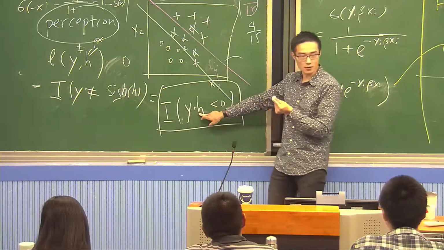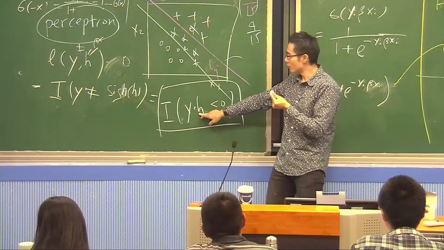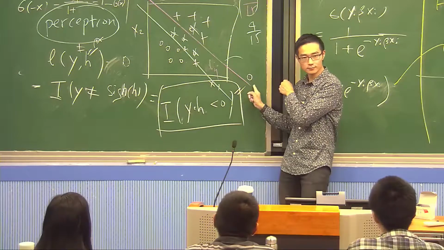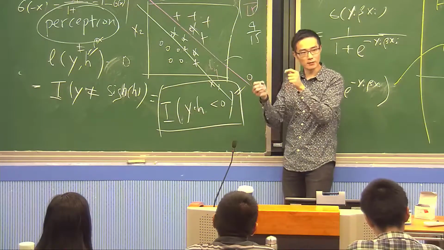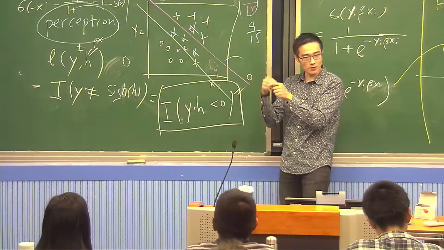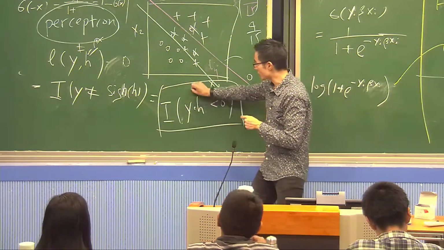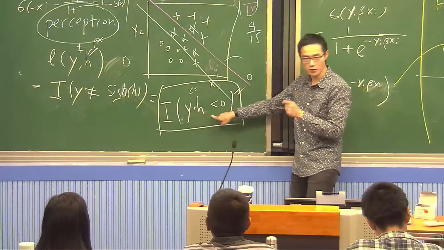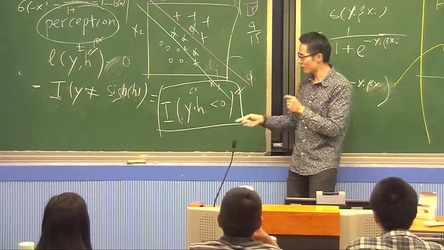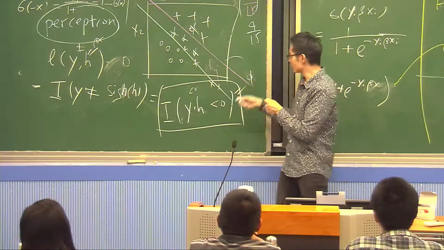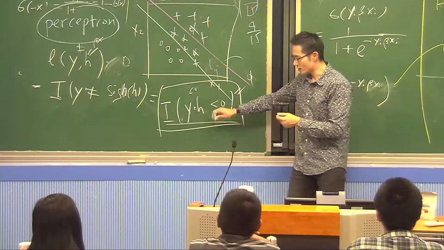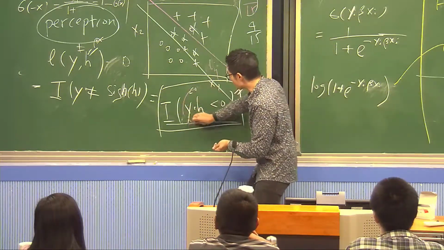In this case the margin is positive, larger than 0, and this function is equal to 0. So when our classification is correct, our loss is 0. When our classification is incorrect, the margin is negative, so this condition is satisfied, and it's 1. Incorrect classification, loss 1. Correct classification, loss 0. Again, this loss function can be written in terms of this margin.